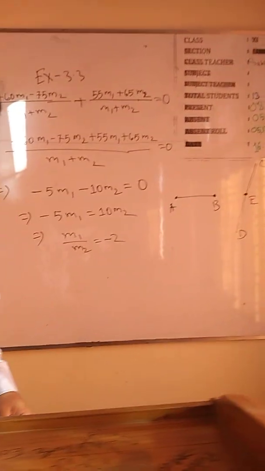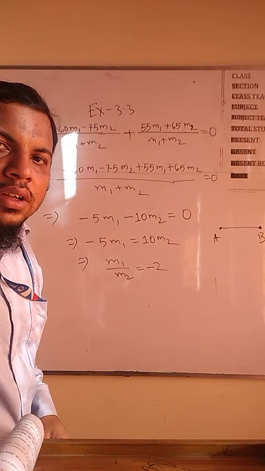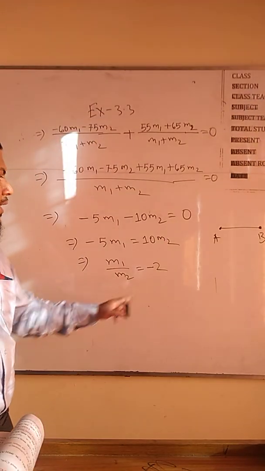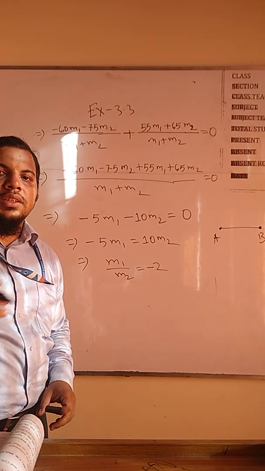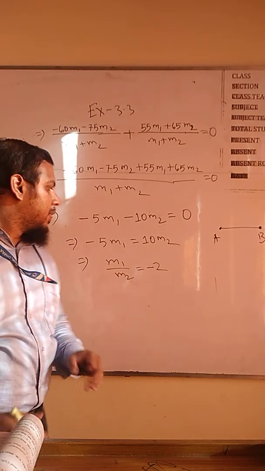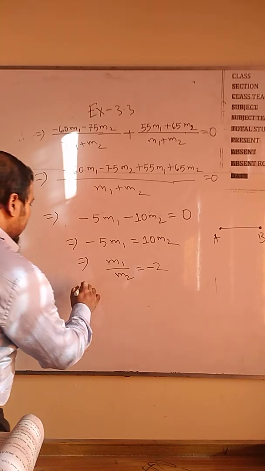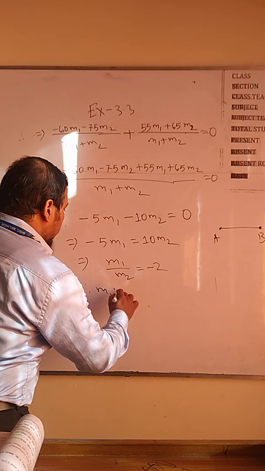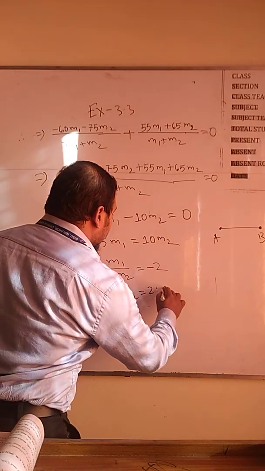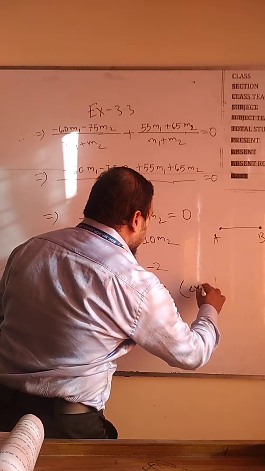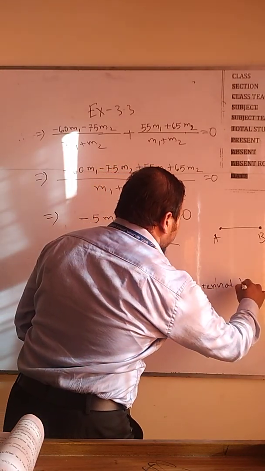Anyway, the matter is, if you get a negative, you can understand it is external division. So m1 is to m2 is 2 is to 1. You have to write external division.